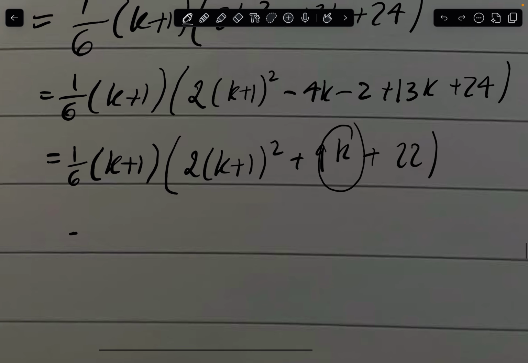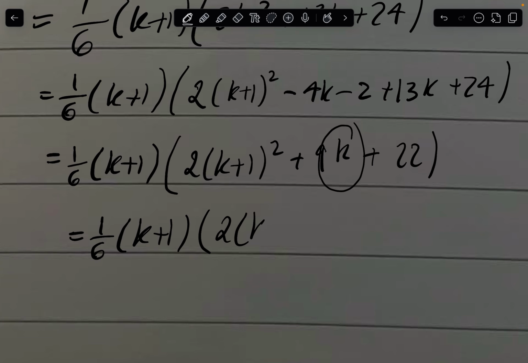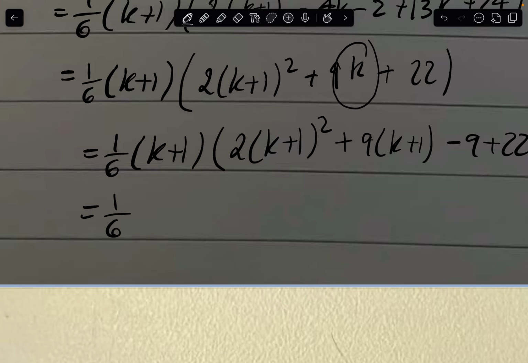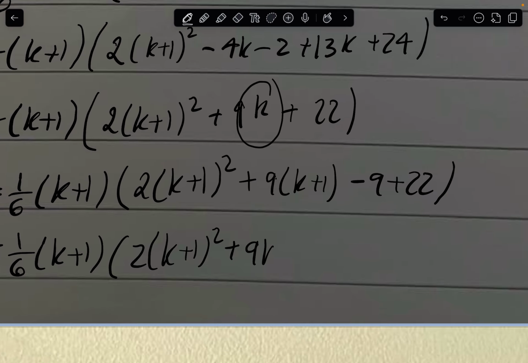And then I can do the same for that. So I can say that that's 1 over 6, k plus 1, 2k plus 1 squared, plus 9k plus 1. And that will be 9k plus 9. So I need to minus 9 plus 22, which is 1 over 6, k plus 1, 2k plus 1 squared, plus 9k plus 1, plus 13.